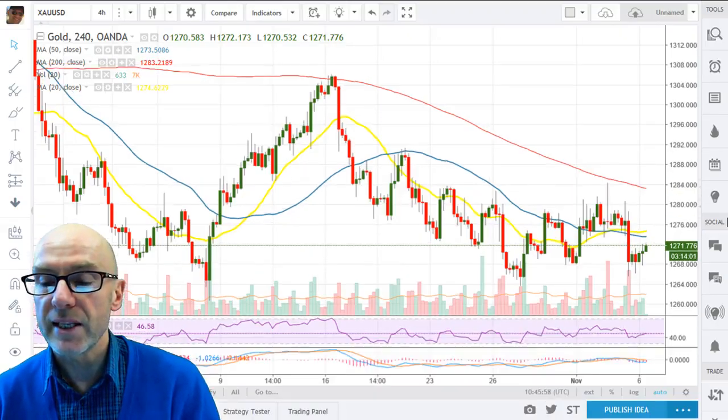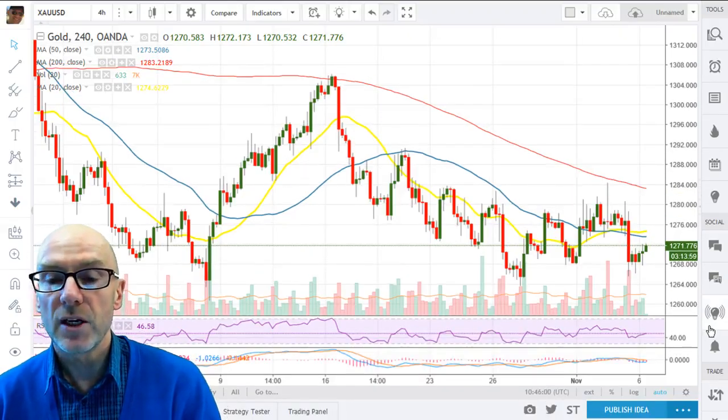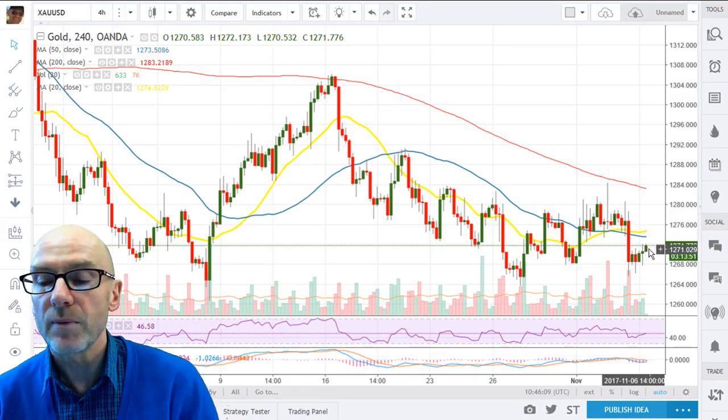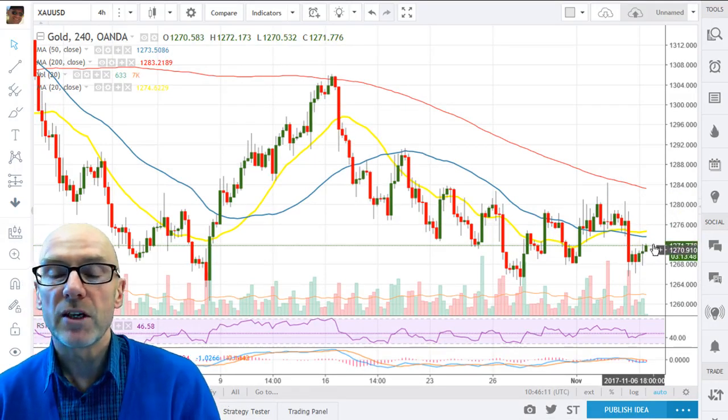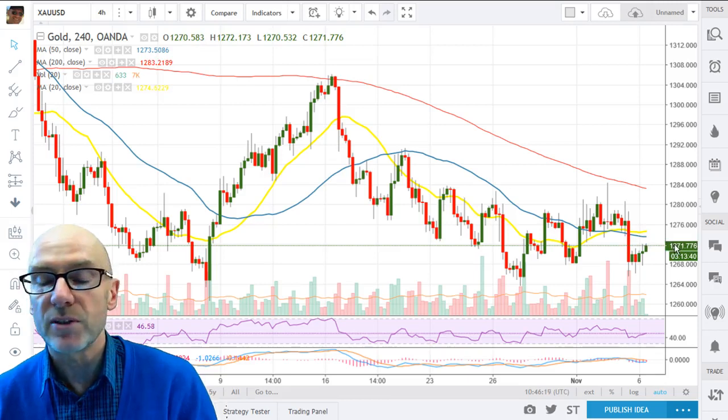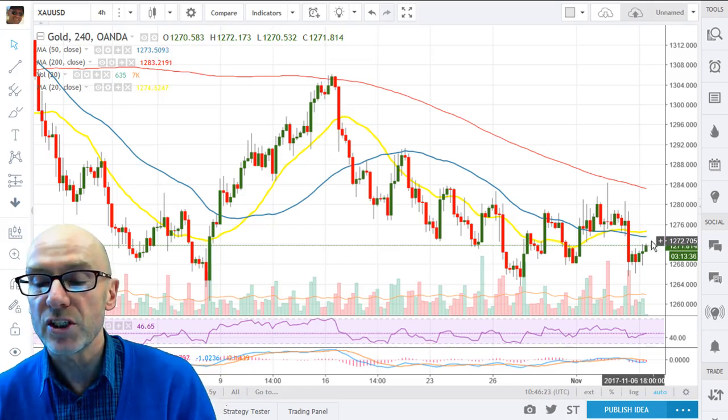And looking at the 4-hourly, so here each candle represents 4 hours of trade. You can see that we've had a rally for the last 3 bars, which is positive, but it's only going to take us towards the resistance of these moving averages. The 50 moving down, that's 1273.51, and is the first resistance level.